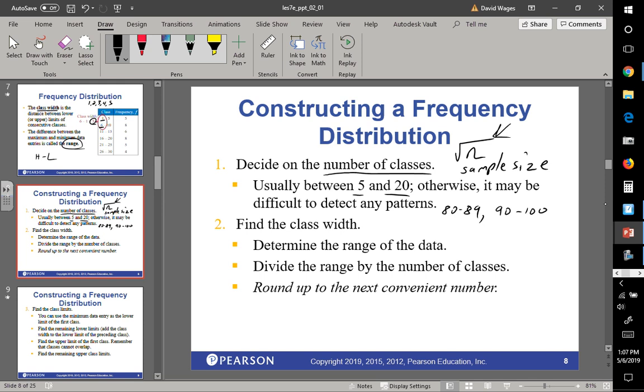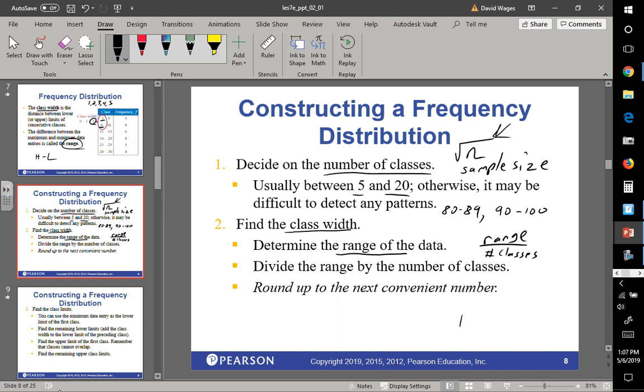So we have to determine how many classes, then we have to figure out how wide our classes are going to be. The way we do that is we're going to figure out what is our range. Then we're going to take our range divided by the number of classes, and whatever we get for that number, we're going to generally round up to the nearest integer.